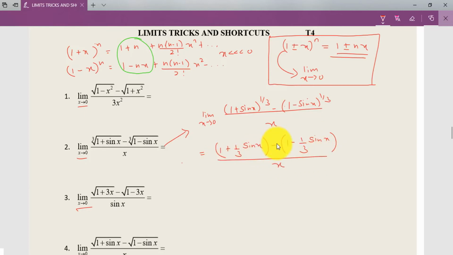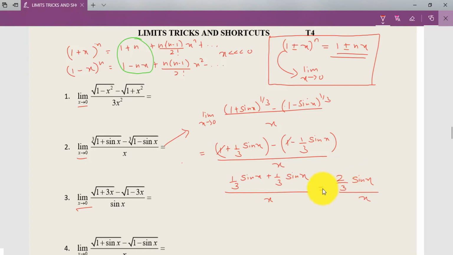Now see here, this 1 and this 1 get cancelled, so you have 1/3 sin x plus 1/3 sin x, the whole divided by x. Which will give you 2/3 times sin x divided by x.